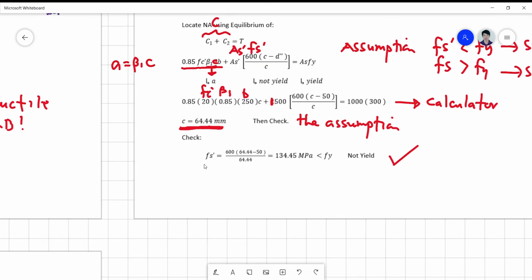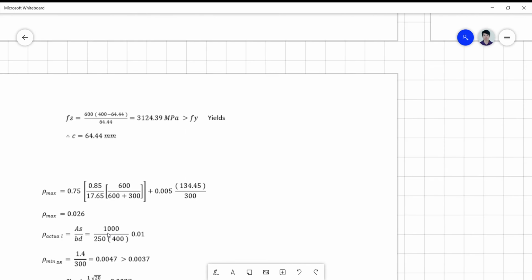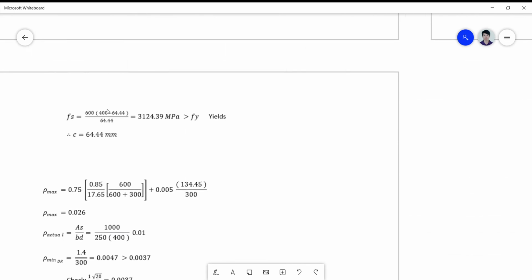How about your fs? fs is 600 times (d minus c) over c. This is 3124, greater than fy, so it yields. So the assumption is again correct.